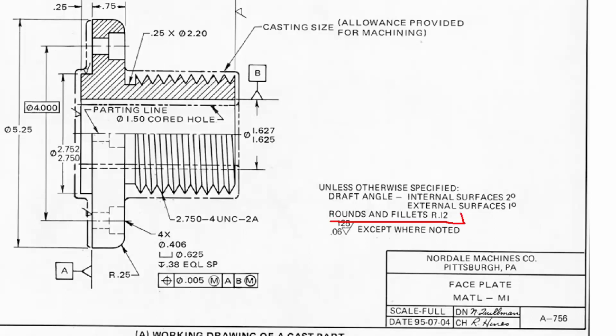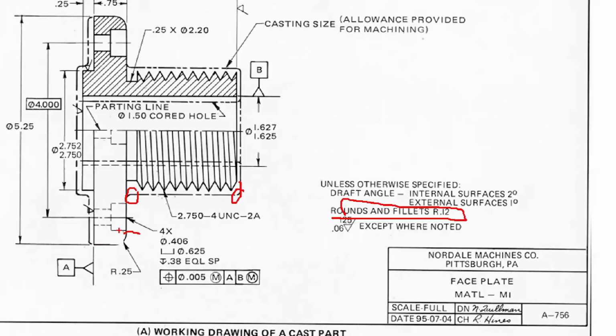That's why you're seeing that note on a lot of your drawings. So all these corners are rounded, and this one's even got a bigger fillet that's noted a little bit larger, but all these corners right here have those rounds and fillets, and that's to allow for proper cooling. So it cools at a more uniform rate.